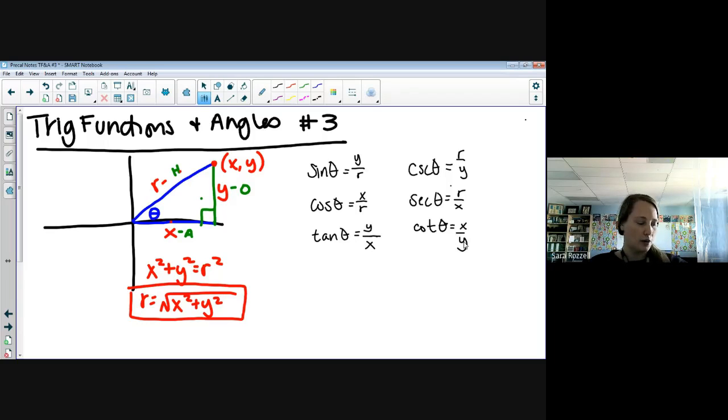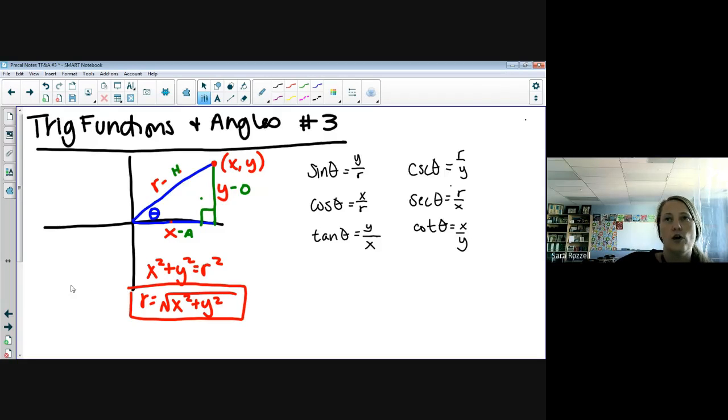This is also going to help us out because we're about to figure out, depending upon which quadrant we're in, whether our sine, cosine, and tangent are going to be positive or negative. Because our x and our y aren't positive all the time, are they? If I'm over in the second quadrant, my x is now negative, so anywhere that I have an x, that would be a negative number.